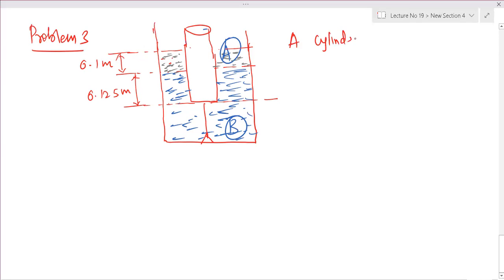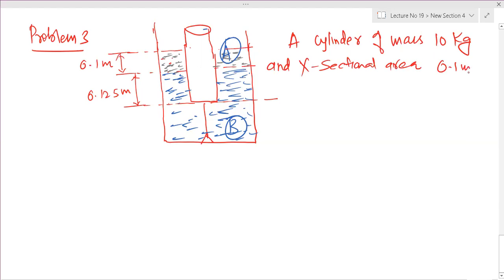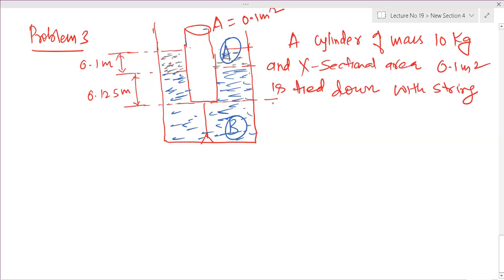A cylinder of mass 10 kg and cross-sectional area 0.1 meter square is tied down with a string in a vessel containing two liquids, as shown in the figure.